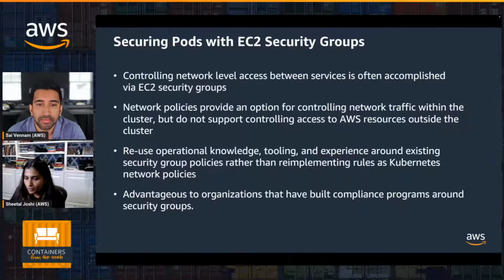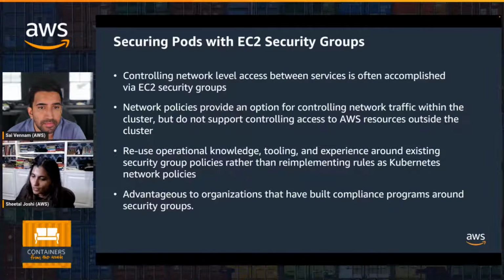One such scenario you can think of is running a backend pod that requires access to an RDS database. Most organizations have already built compliance programs around security groups, and they like the AWS security features that security groups provide, and want to extend those similar features to the pods running on Kubernetes.